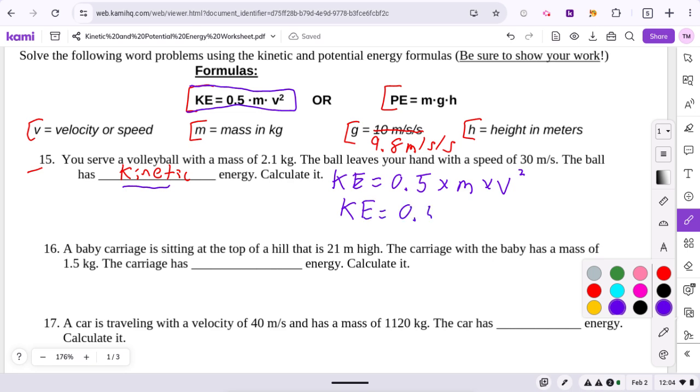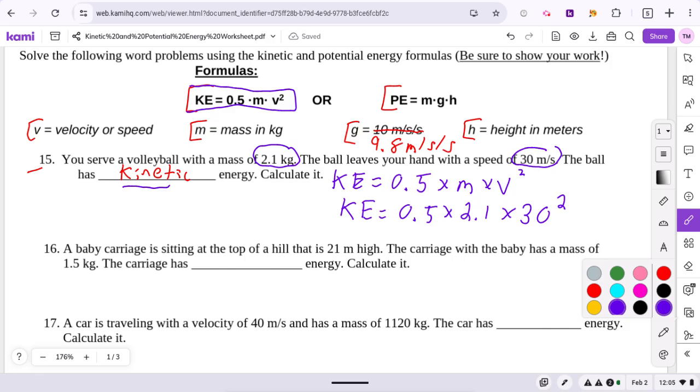So 0.5 times mass, the mass is 2.1, and the velocity is 30. But remember, we're going to need to square that velocity of 30. You can put those numbers into your calculator, and then you'll get your final answer.